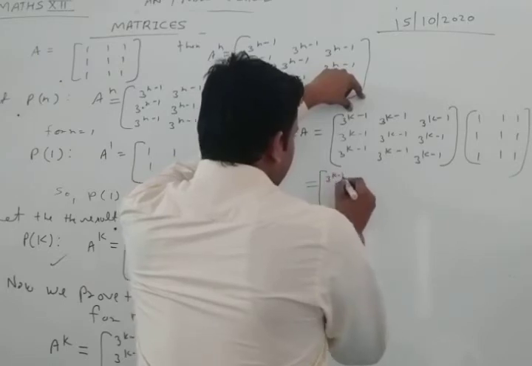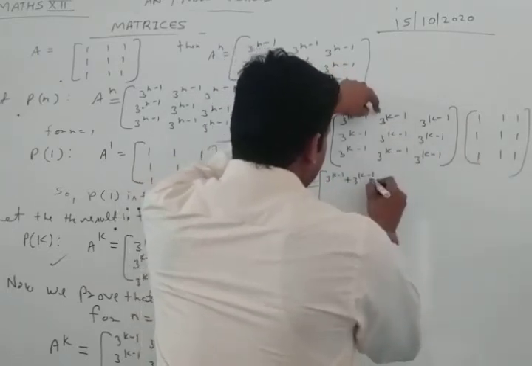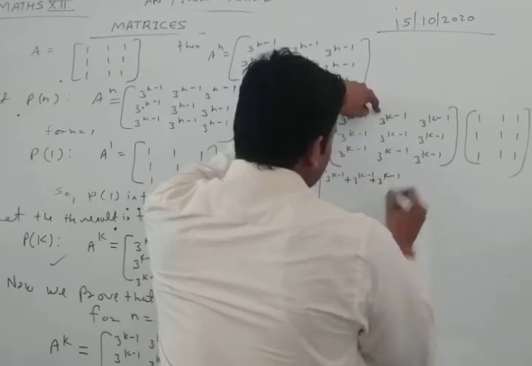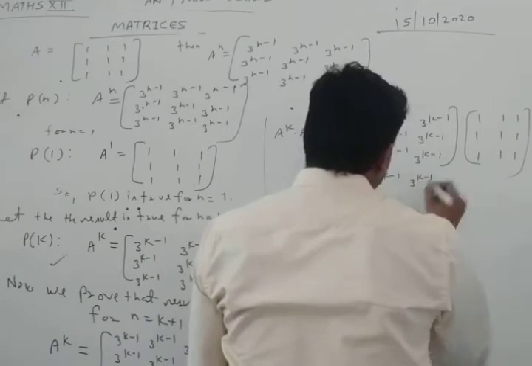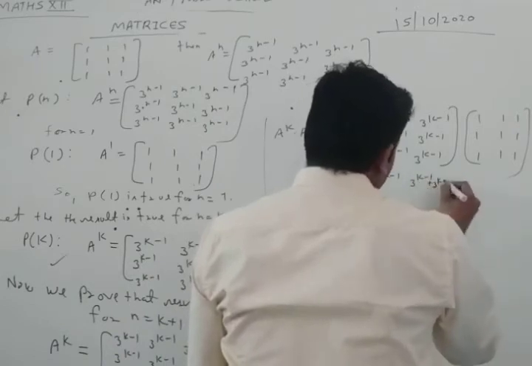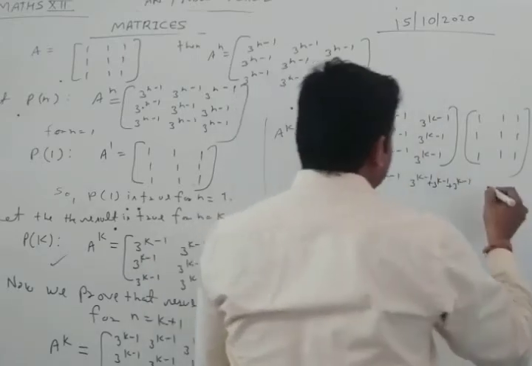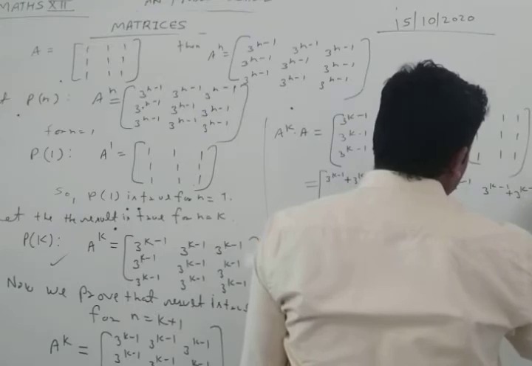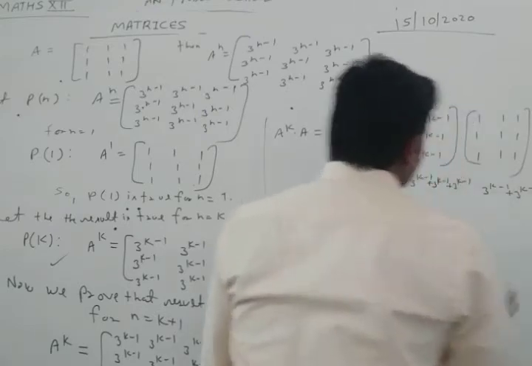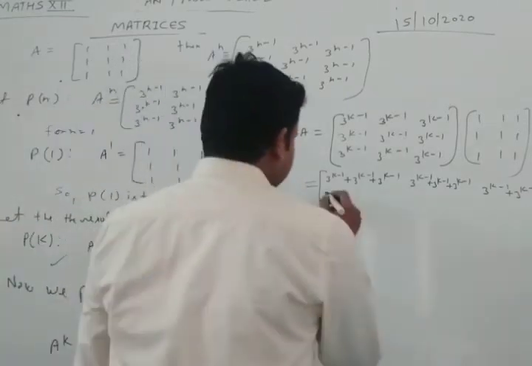3 to the power k minus 1 plus 3 to the power k minus 1 plus 3 to the power k minus 1. Again the same thing in the other entries: 3 to the power k minus 1 plus 3 to the power k minus 1 plus 3 to the power k minus 1. Okay. Now the same thing will be here, right?